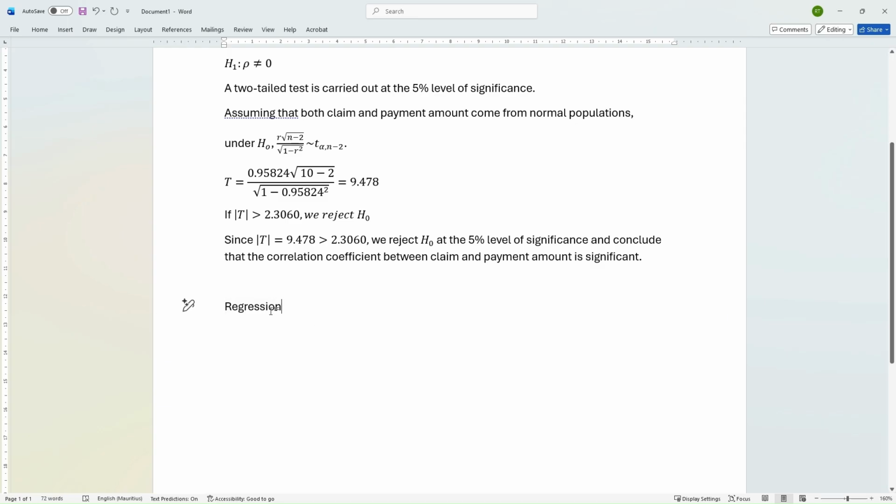So we have correlation, we have regression, and now what are we going to do? Let's have a look at the question that was given to you.